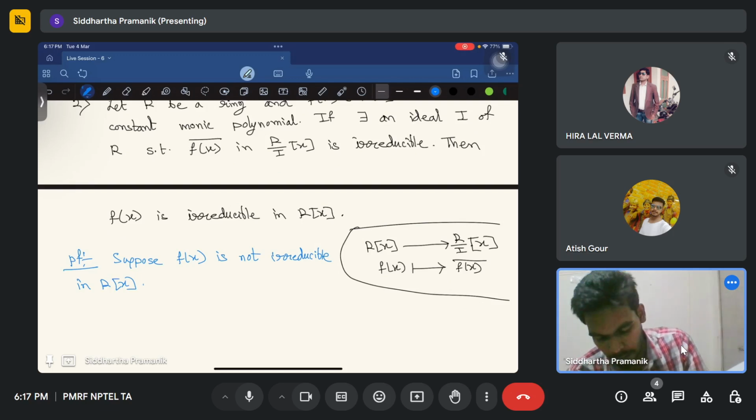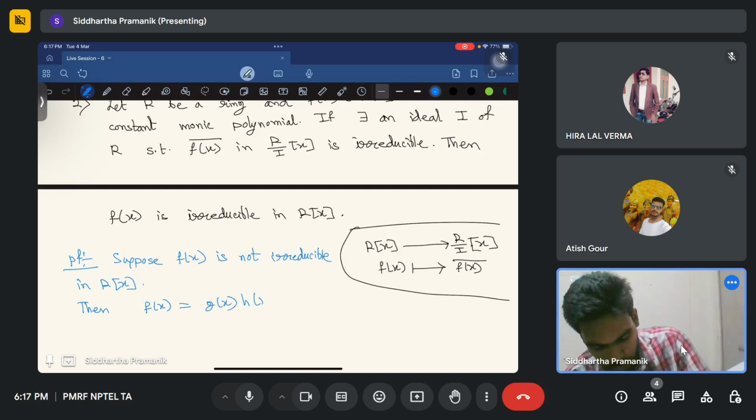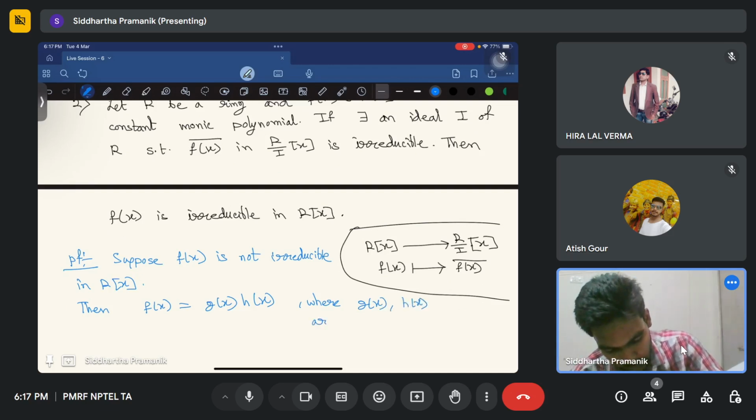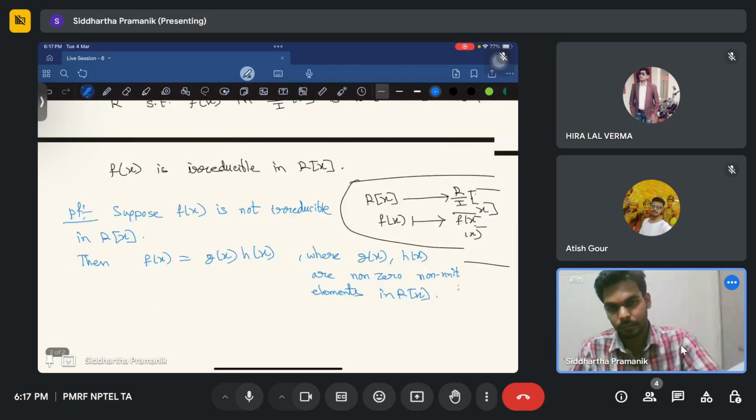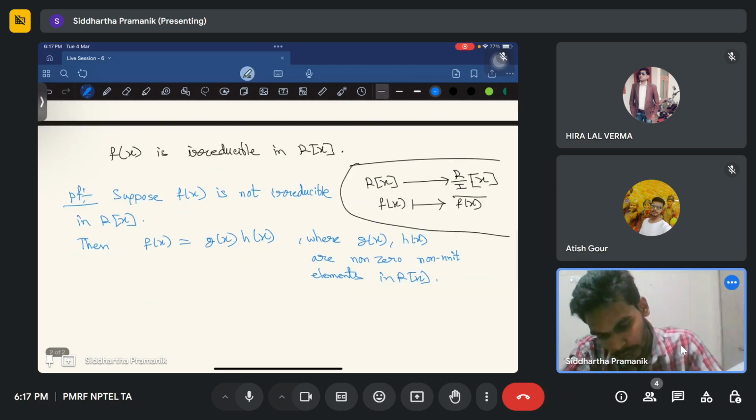By definition, f(x) can be written as a product of two non-zero non-unit elements, g(x) and h(x), in R[x]. f(x) is a monic polynomial, right?